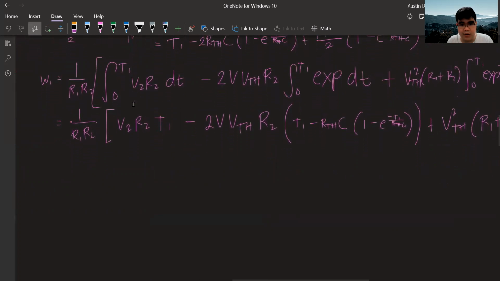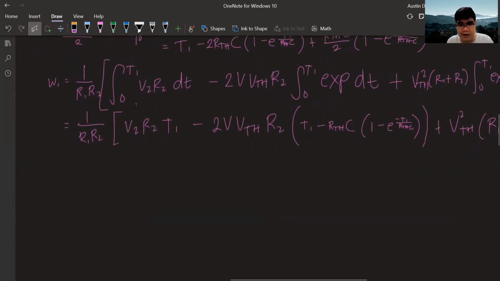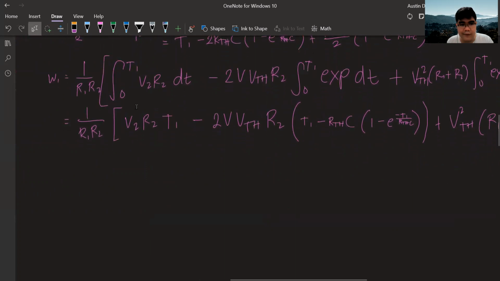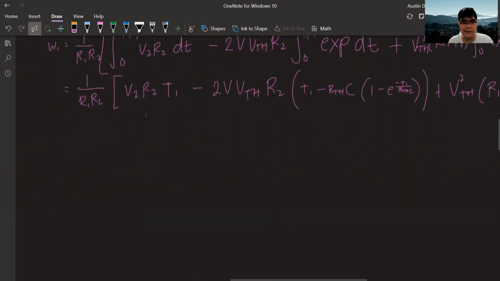Okay, let's all combine the constants. I think we can do that. So the constants are R1 over R1 R2, V squared R2. So kinukuha ko lang lahat ng constant, no?